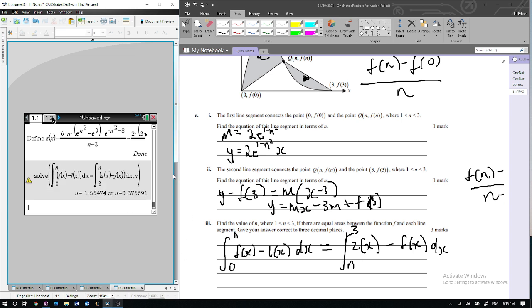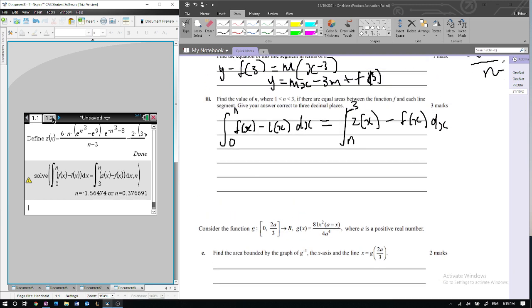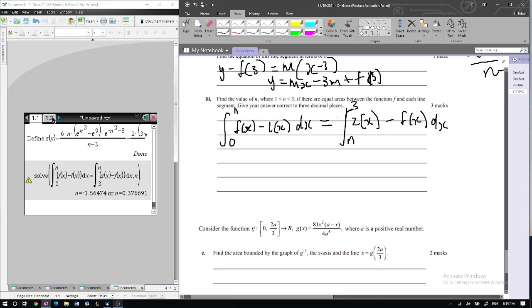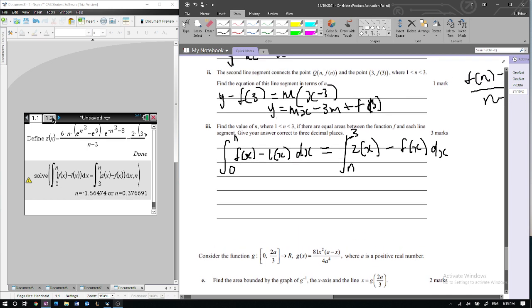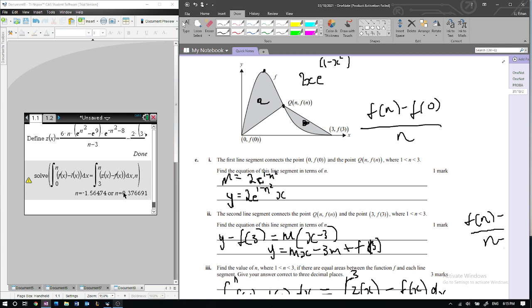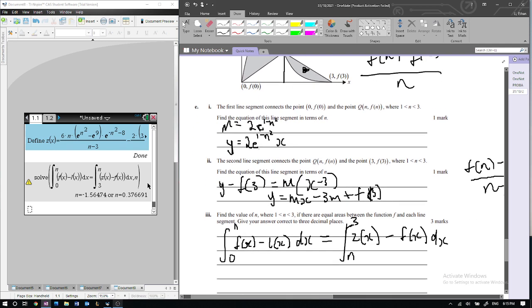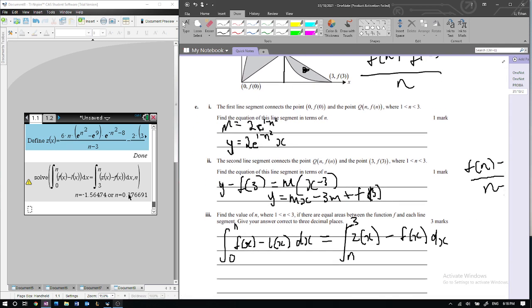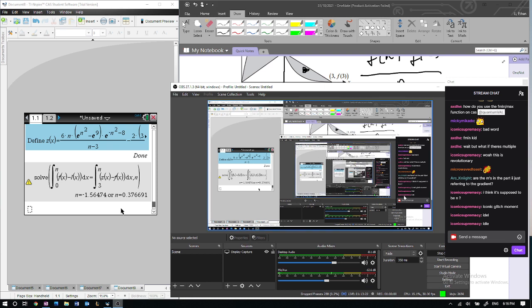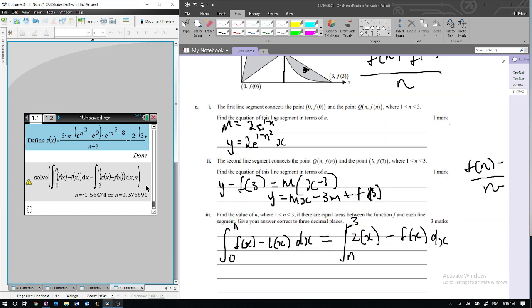Okay, and now for some reason it's decided to fix itself. So you solve that and you get, what? n is in between 1 and 3. If there are equal areas, okay, I don't know why I keep getting the wrong value, because this method is right.